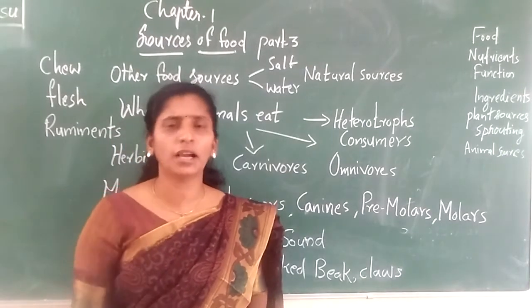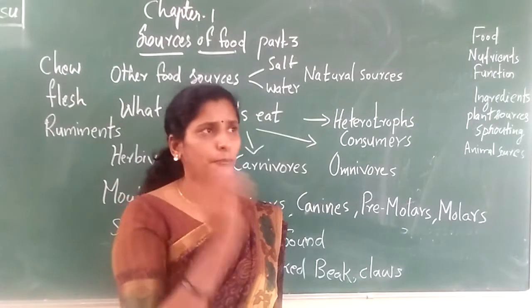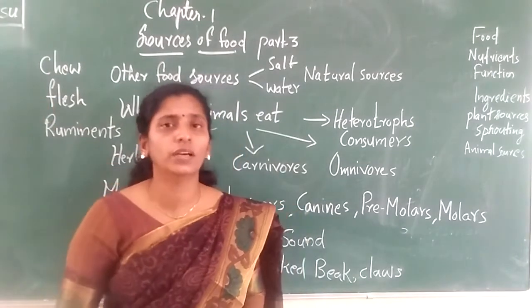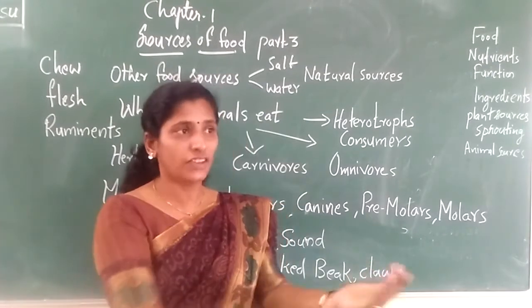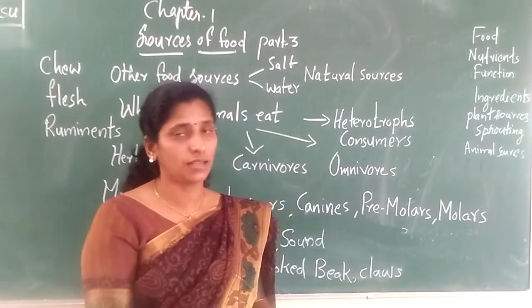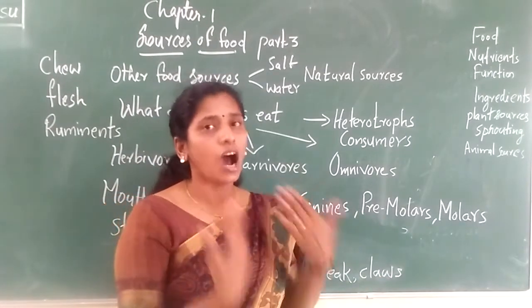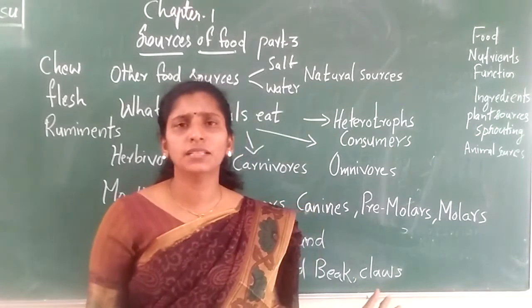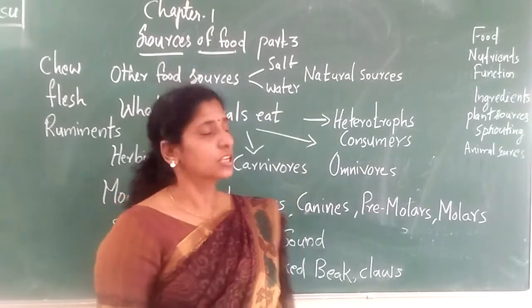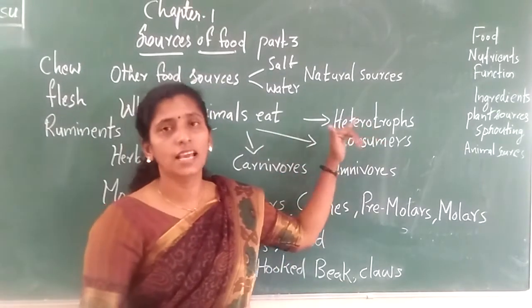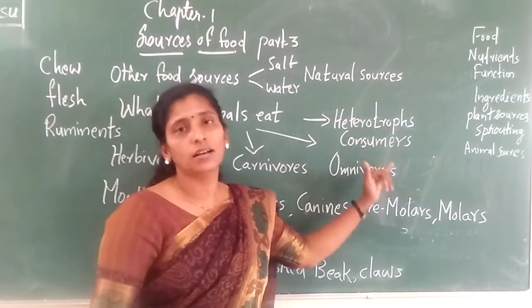If we have any complaint about any product, you can complain in consumer court. Consumer means we are consuming, getting from others. So all animals are called heterotrophs or consumers.